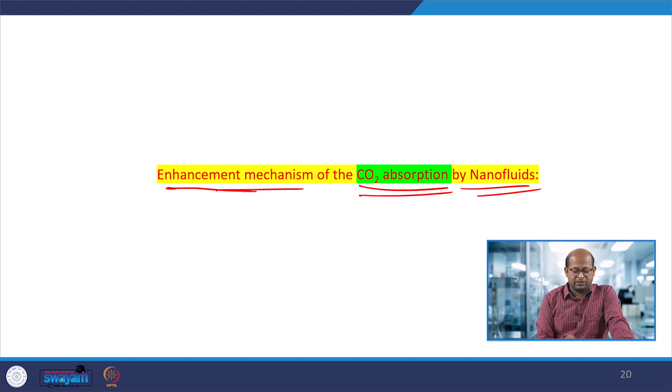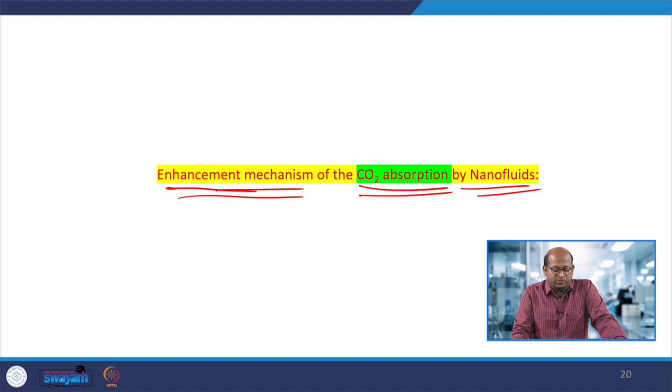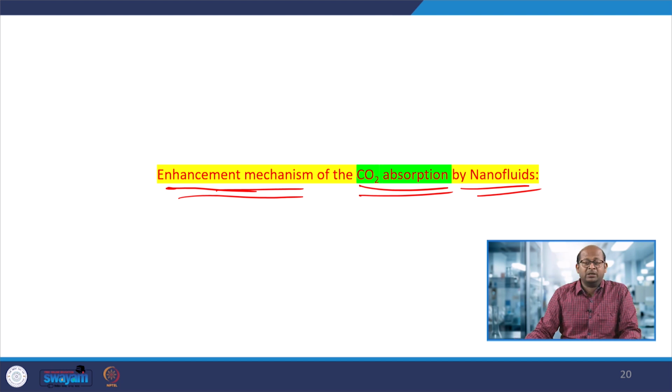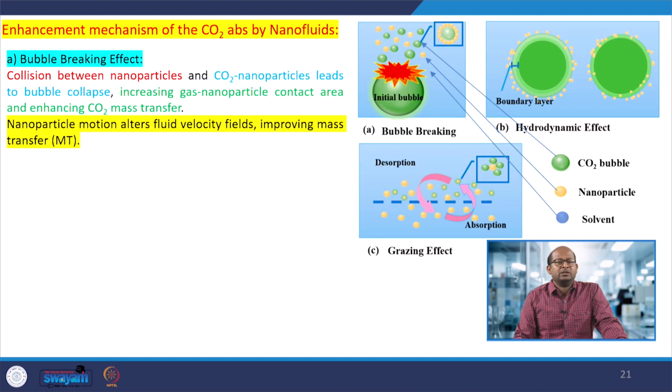The enhancement mechanisms mean how nanomaterials, when dispersed in nanofluids, enhance or increase the CO2 absorption performance in mass transfer operations.